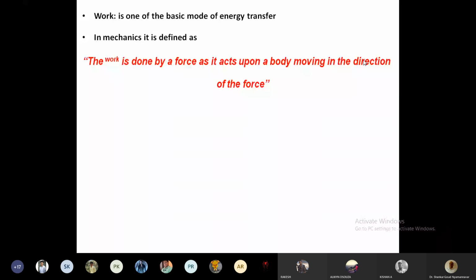So work is what kind of product? Is it a dot product or a cross product? F is the force and let us say L is the displacement, two vectors are there. So if you want to multiply and find out work done, what kind of product do you look at? Is it a cross product or a dot product?